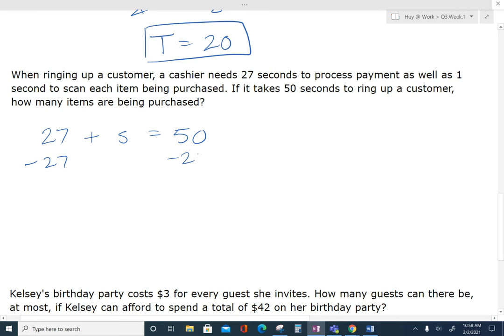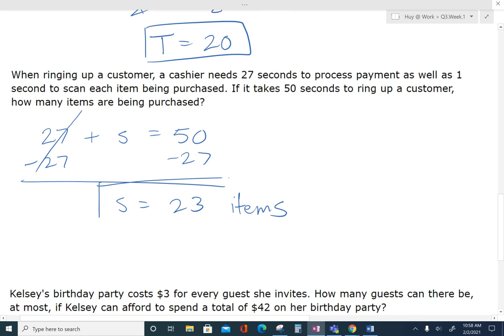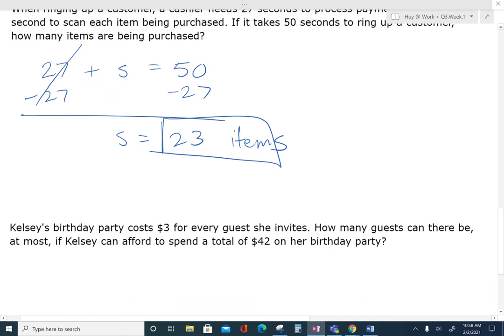So subtract 27 from both sides. And so it's going to take 23 seconds, but because we know it's 1 second for each item, it's also 23 items. It's just 23 items there.